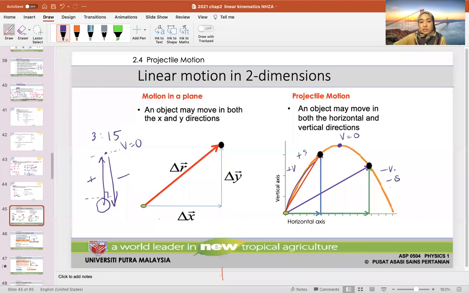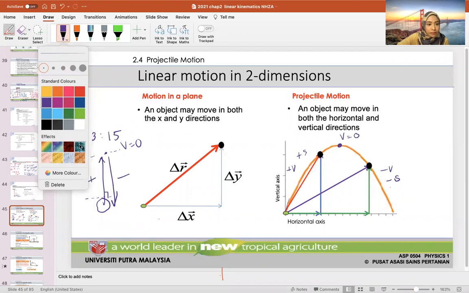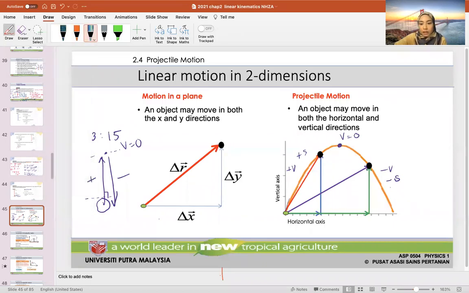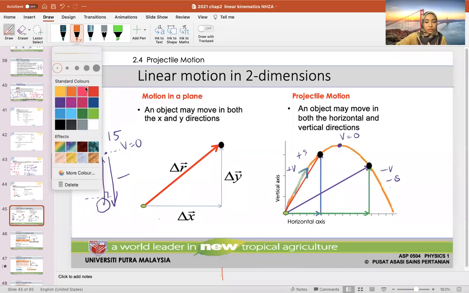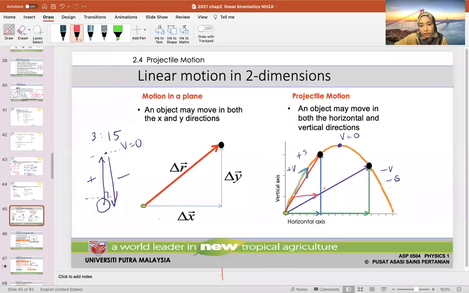Now, what's the difference here? Our V direction, let me use a bigger marker, this one. Our V direction is here, right? This is our V. When our V has some angle, we need to resolve it into its X and Y component.